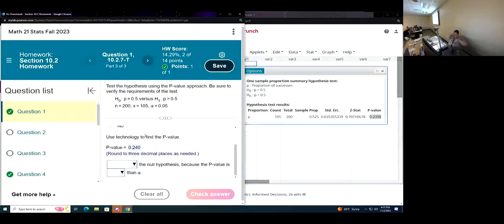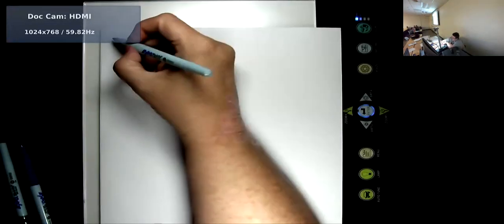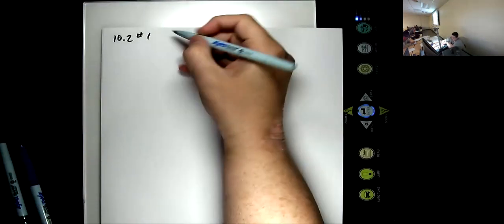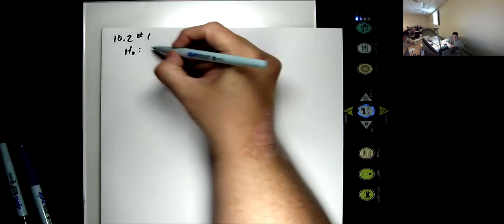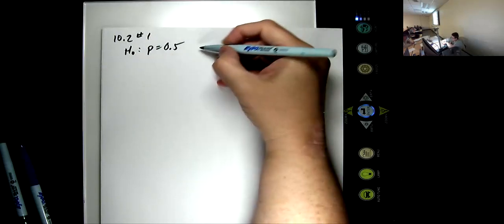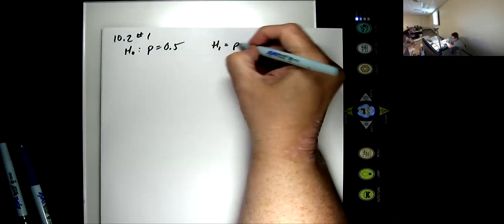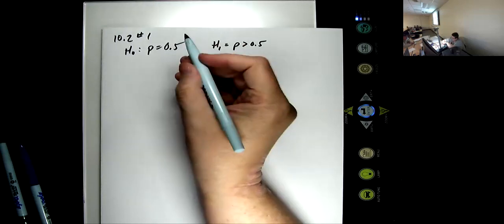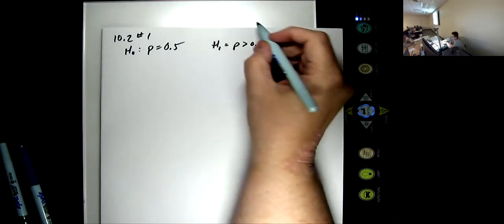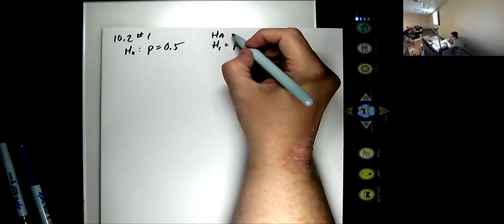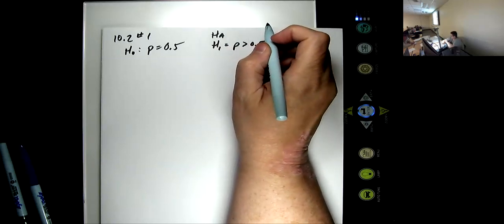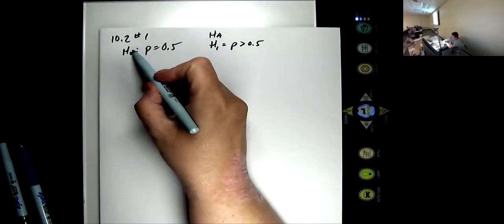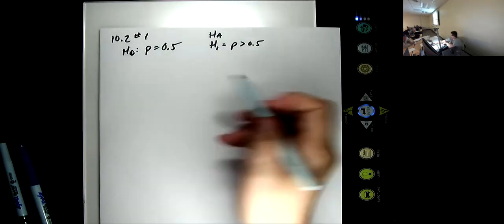All right, so let's come over here and talk about this on camera. So 10.2, number 1, we have H naught, P equals 0.5, H1, P is greater than 0.5. Is H1 the same thing as HA? Yeah, H1 is the same as HA. Some books do H1, some do HA. The idea is it looks like a 0 and a 1, and they do 0 and 1.